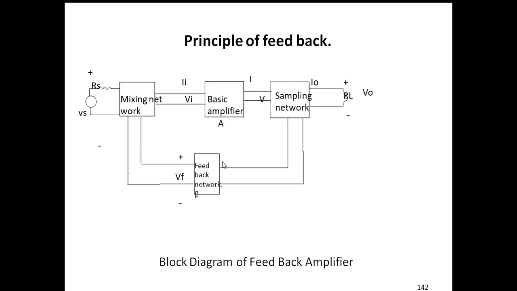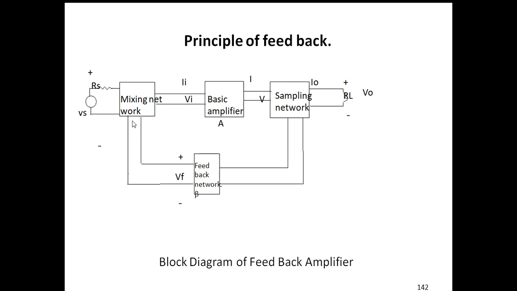This feedback network has some gain beta. Depending on beta, it gives the output signal across the terminals of the feedback network. This output signal now acts as the feedback signal to the mixing network. For the mixing network, this feedback signal and input signal may be added or subtracted depending on the type of feedback network.